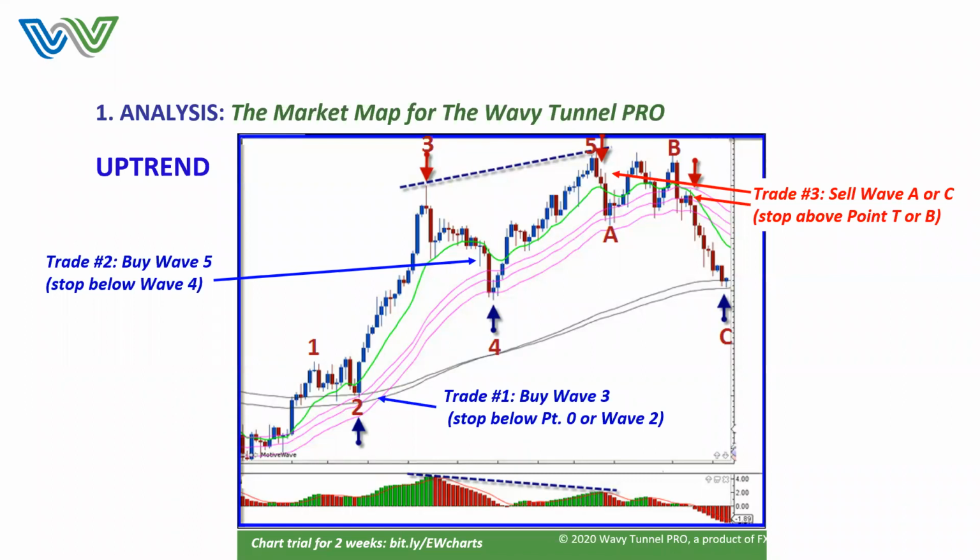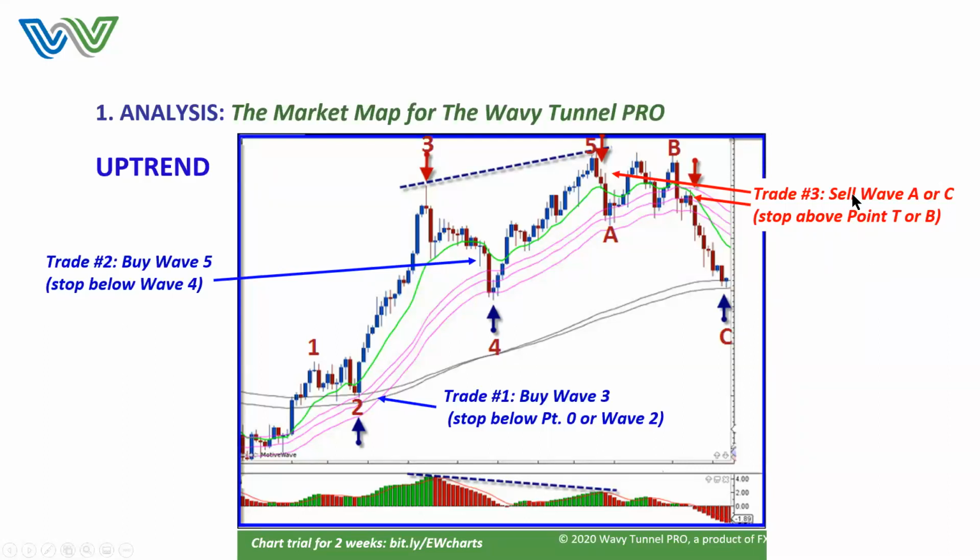But in our Wavy Tunnel Pro system, we have specific indicators which let us know pretty well 80 to 90% of the time that the wave 4 is over. So it's really important to try not to get chopped up, use your indicators, and use your confirmations.